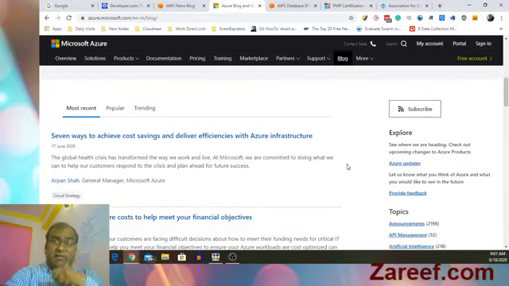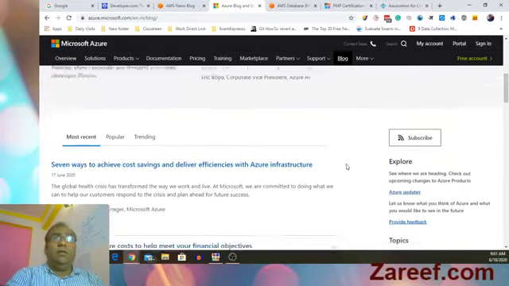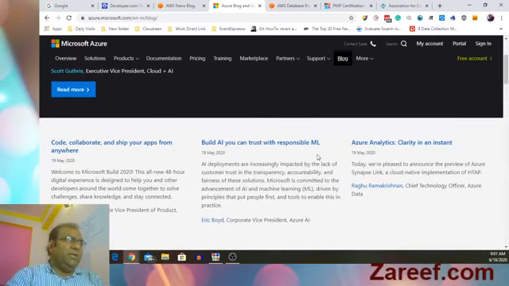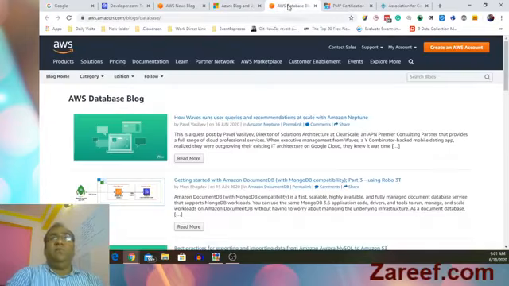It is really a properly architected blog, I can say. This is my second resource, third, sorry. And my fourth resource is the AWS database blog. Database is something where lots of action is happening, especially in my career.